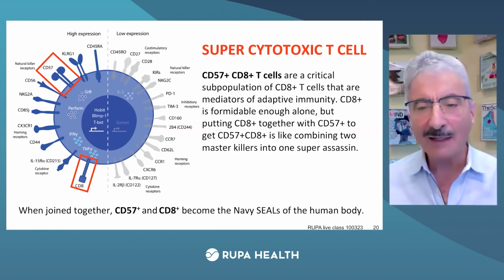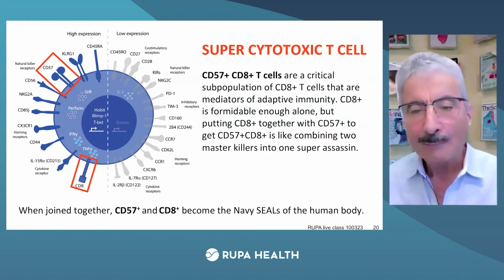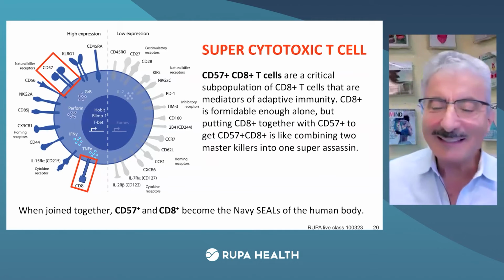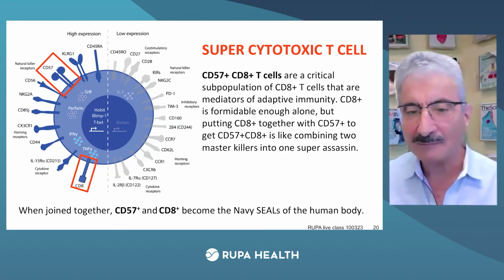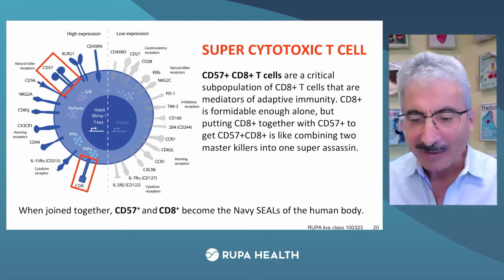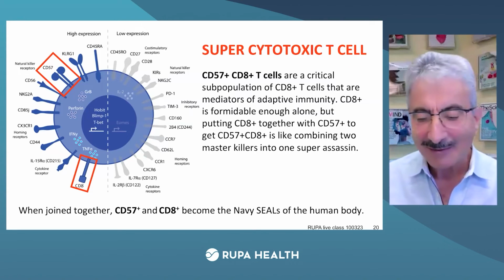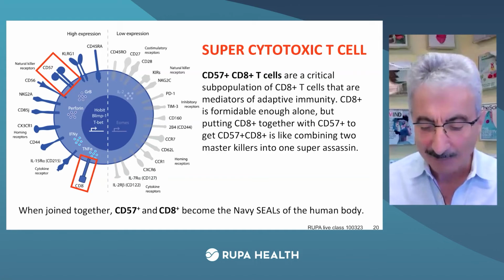And then finally, CD57 positive cells form an alliance with T killer cells, the CD8 positive T cells. And again, they become super killers. We call these the Navy SEALs of the human immune system.